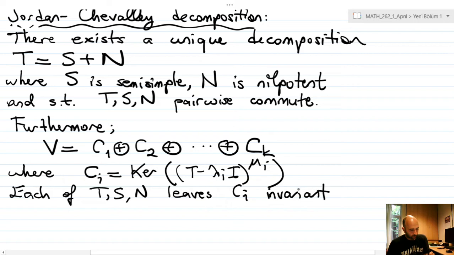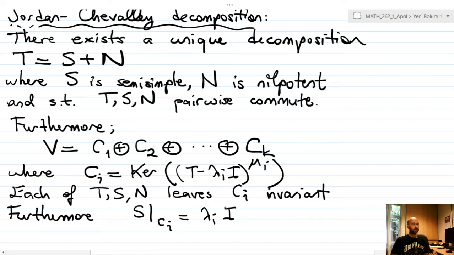Furthermore, S has a very clear description. When restricted to one of these subspaces, it is simply lambda_i times the identity. So if you restrict the semisimple operator to C_i, it is a multiple of the identity, and the multiplication factor is the eigenvalue.